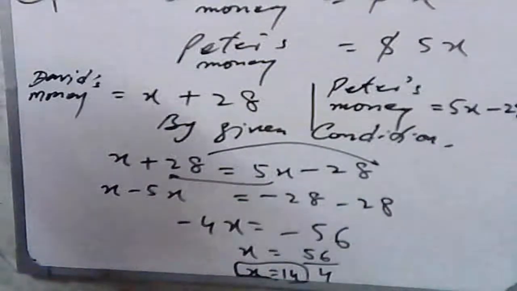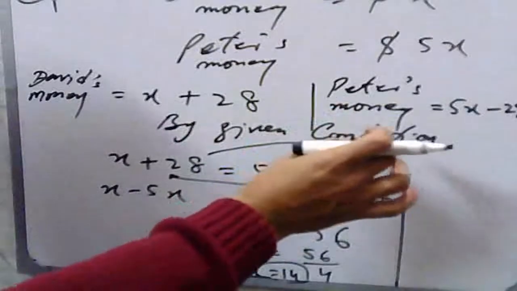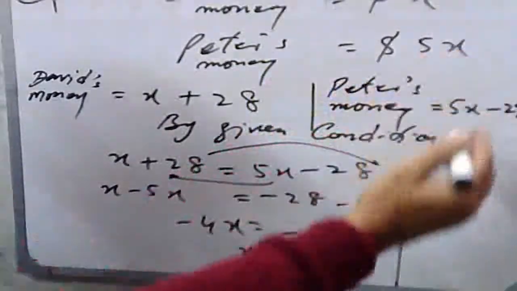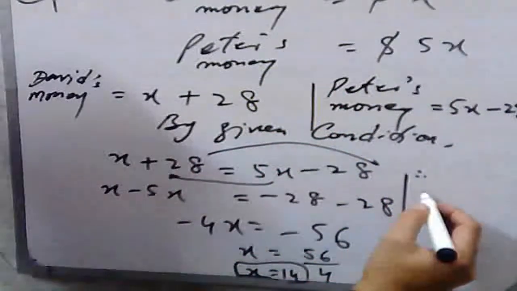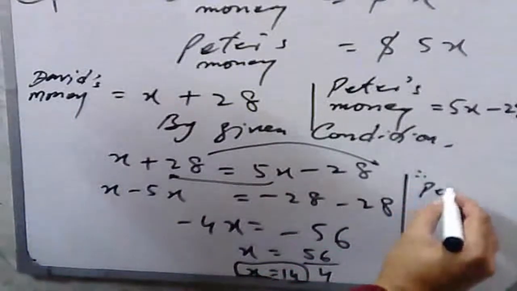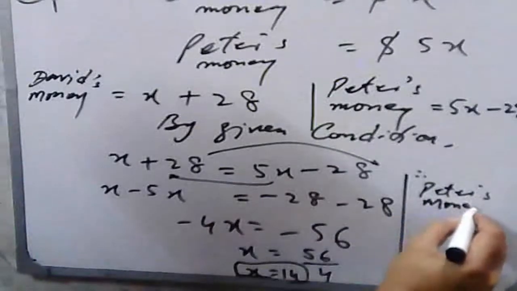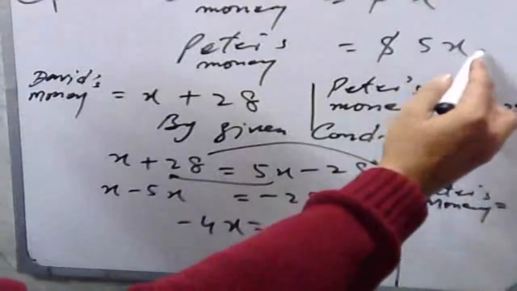So we need Peter's money at the beginning. Peter is actually 5x, so you should be very careful. Peter's money at the beginning will be equal to 5x.